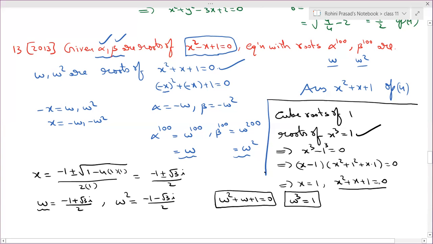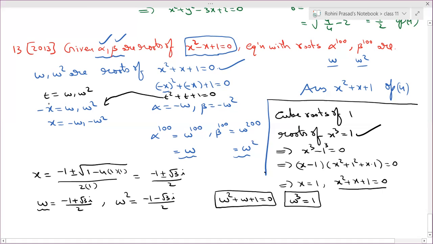Now for this equation, omega and omega square are the roots. And here, this is a kind of t square plus t plus 1 equal to 0. Then t equal to omega and omega square are the roots of this equation. So the t is minus x. But we did a substitution, minus x equal to t.